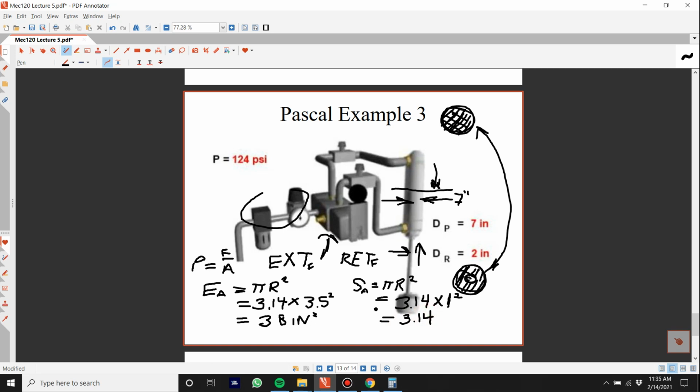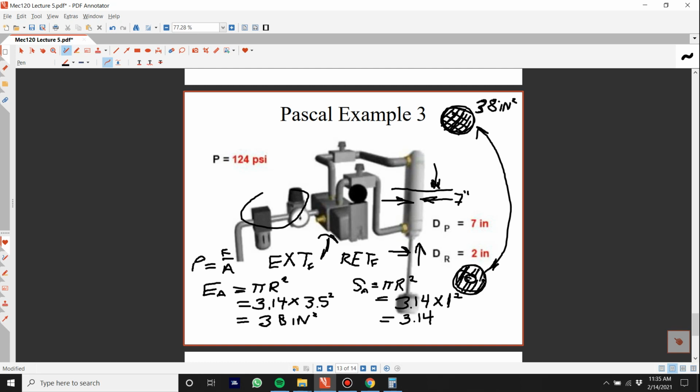So we will say, so the area of this is 38 inch squared. That's a pretty crappy looking 3. Let's try it again. Here we go.